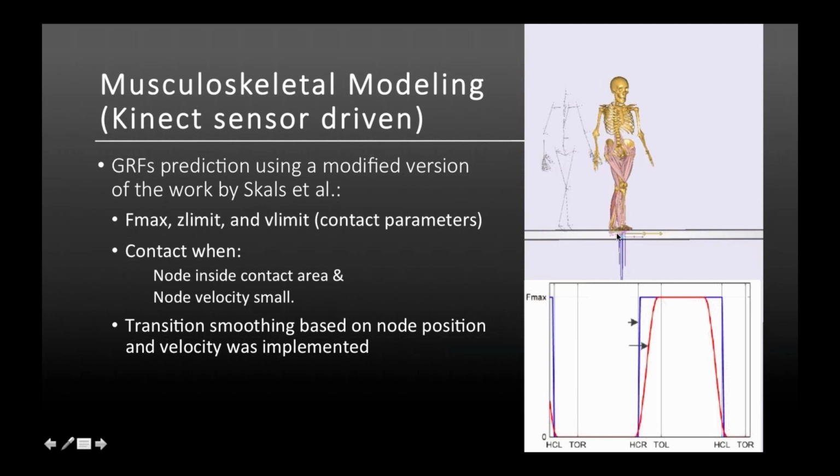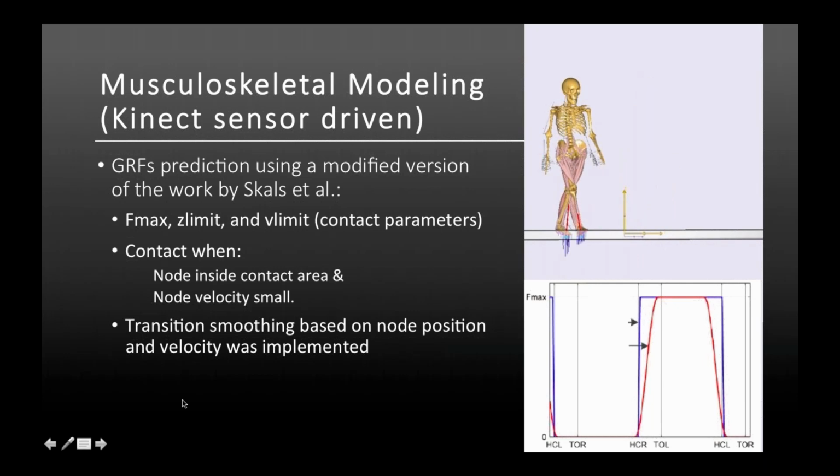Z limit defines how many millimeters when actual contact takes place or triggers contact. V limit is the minimum velocity, which together tell when a contact took place. So we define contact when a node is inside the contact area, by defining this Z limit, and the node has a small velocity, which is the V limit.